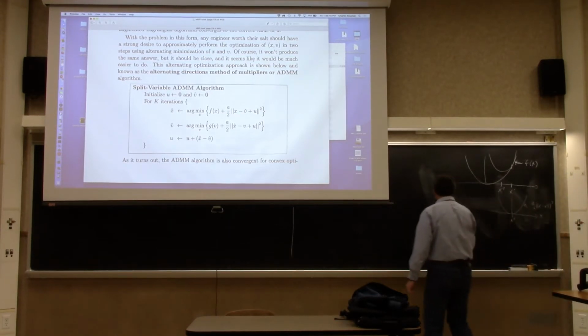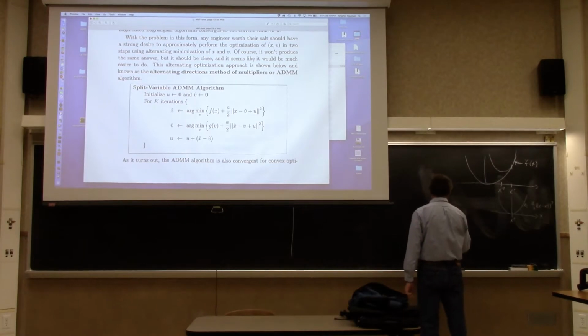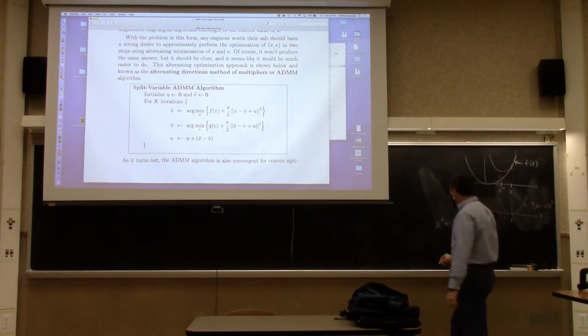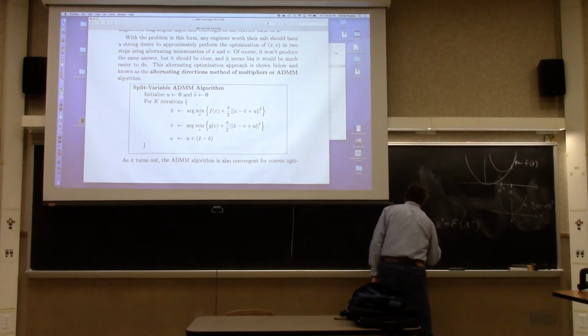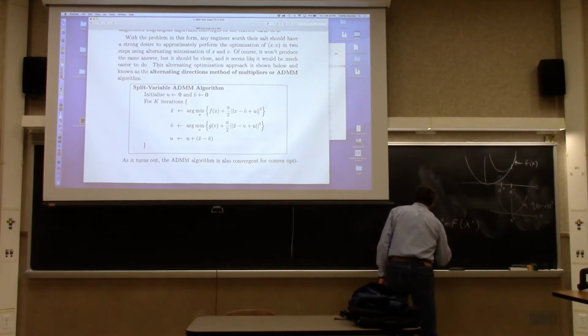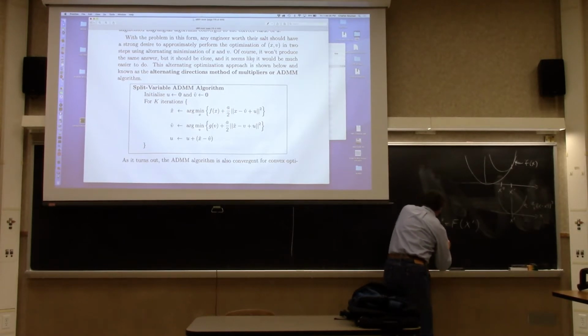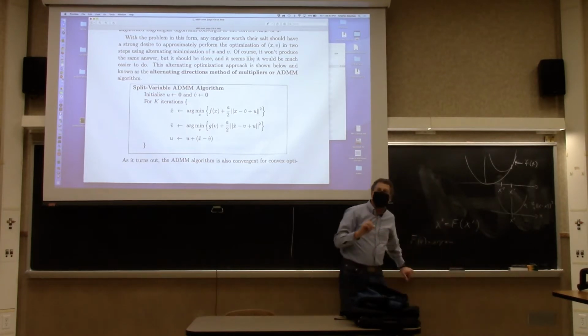So x double prime equals the proximal map of x prime. And what's that map? It's f of v equals the argmin over x of f of x plus a over 2 norm of x minus v squared. One of the things that gets confusing about proximal maps is the dummy variables.